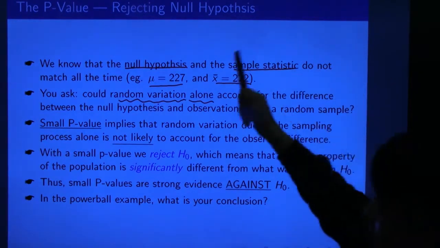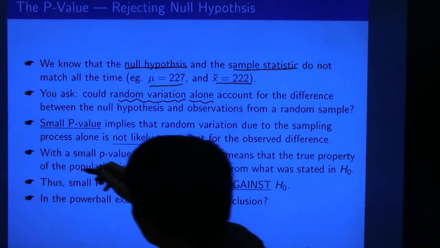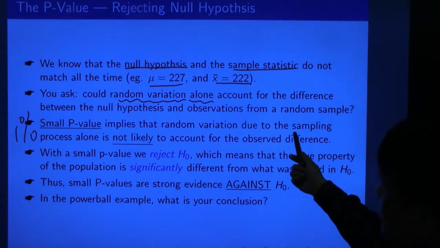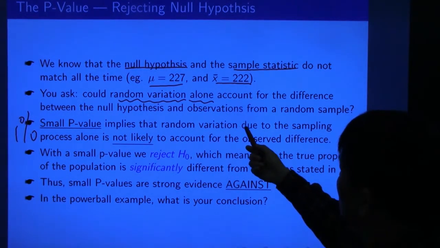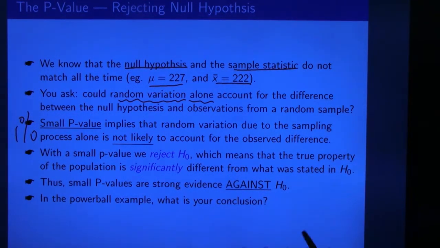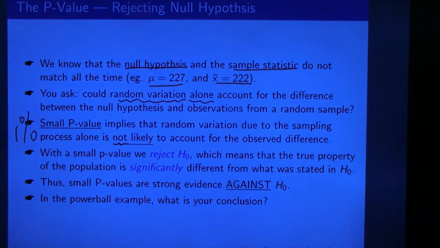If that p-value is too small, for example only 1%, that means random variation due to the sampling process alone is not likely to account for the observed difference between 227 and 222. There must be something else. What is the something else? Well, the machine needs to be recalibrated.